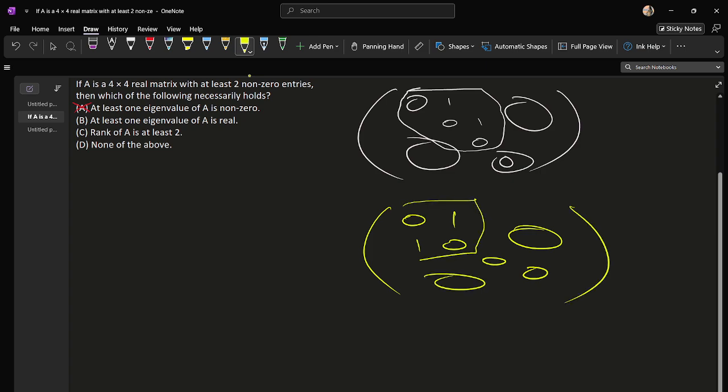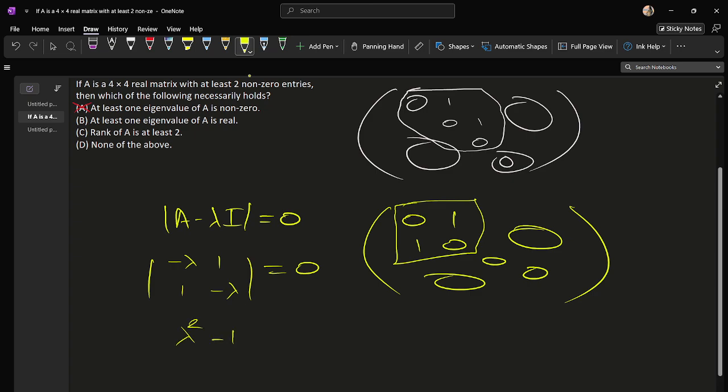In this block, the characteristic equation will be the determinant of A minus lambda I equals 0, so that will be minus lambda 1 1 minus lambda, the determinant of it equals 0, so we will get lambda square minus 1 equals 0.